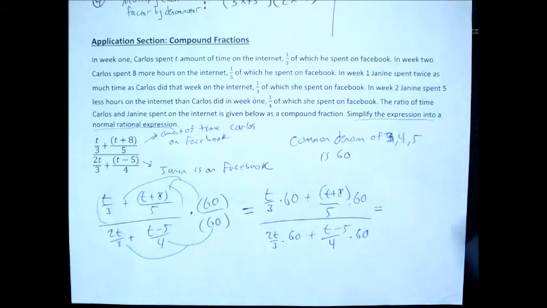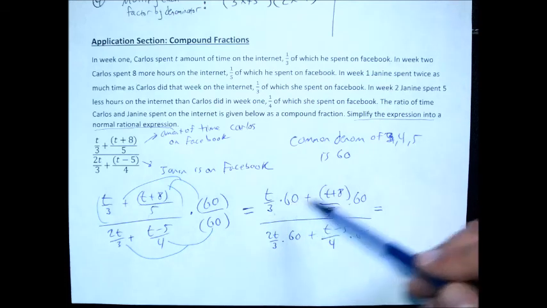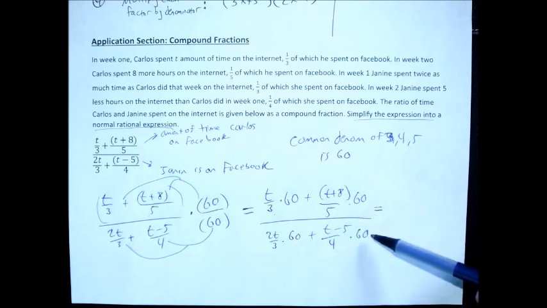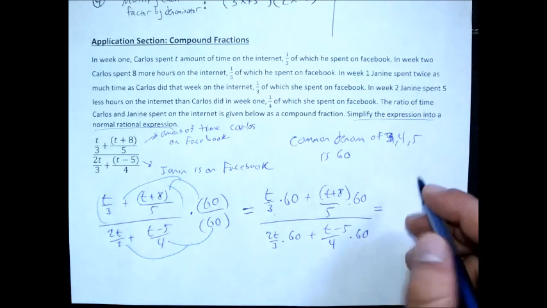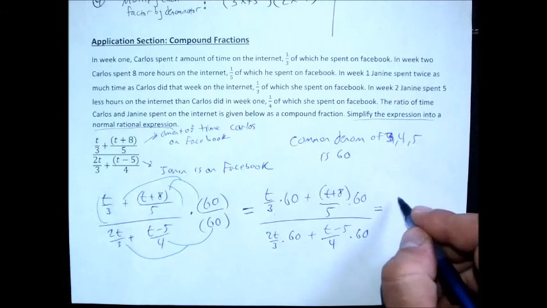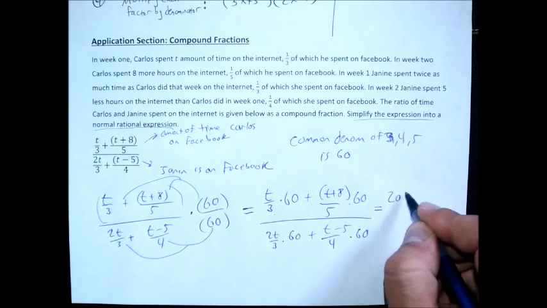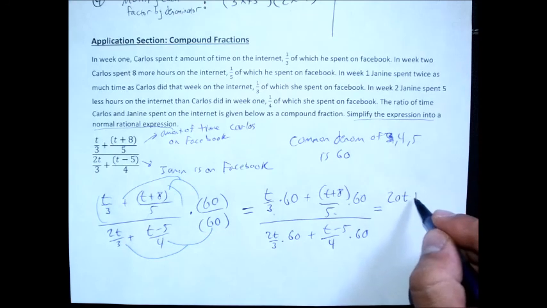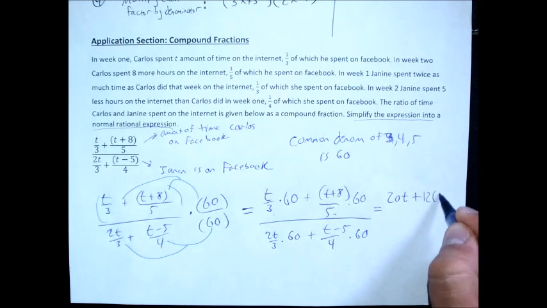And so the point of doing that is because 3 goes into 60, 5 goes into 60, 3 goes into 60 again, and 4 goes in. So everything goes into 60, so we can rewrite this as, right, 3 goes into 60 20 times. That'll be 20t. 5 goes into 60 12 times, so we'll have plus 12 times t plus 8.